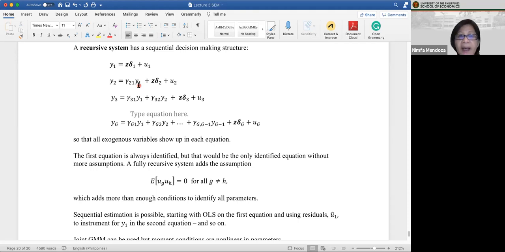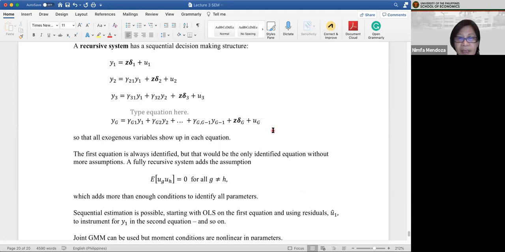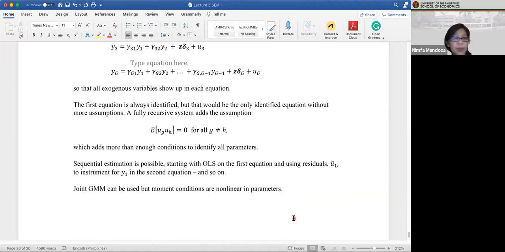Then for the third equation, you use u sub 1 hat as the instrument for y sub 1, and u sub 2 hat as the instrument for y sub 2. Therefore, you can estimate the equations sequentially. Again, you can use joint GMM, but then the moment conditions lead you to nonlinear GMM estimation.